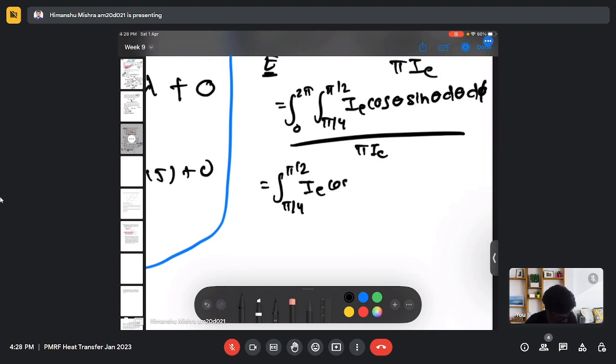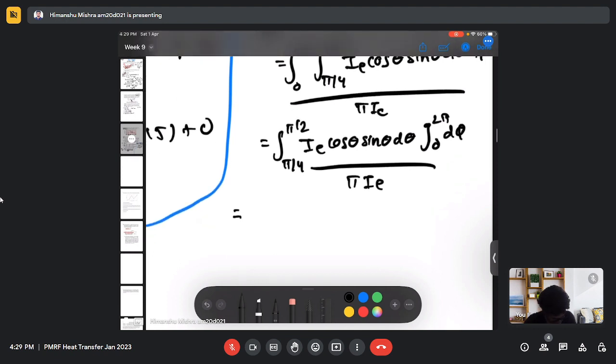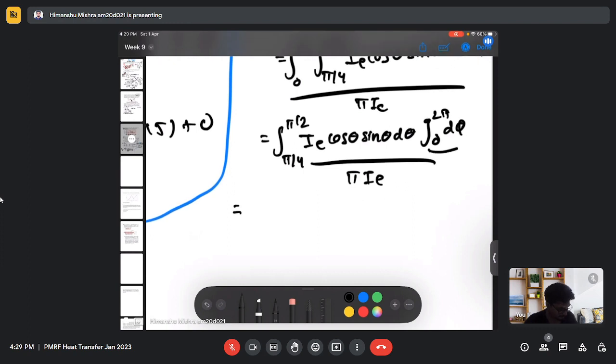I.e. cos theta sin theta d theta. So for integration, this part will be just 2 pi, and this pi and pi will be cancelled here.